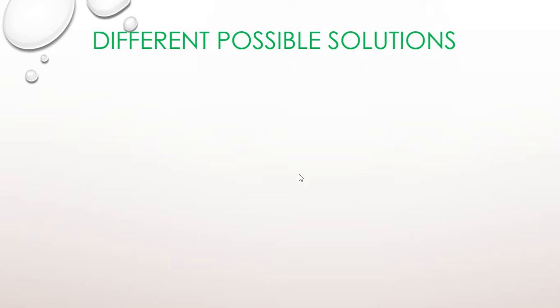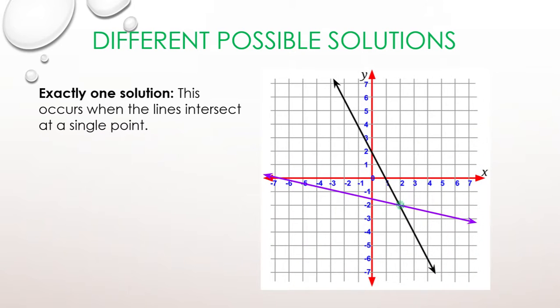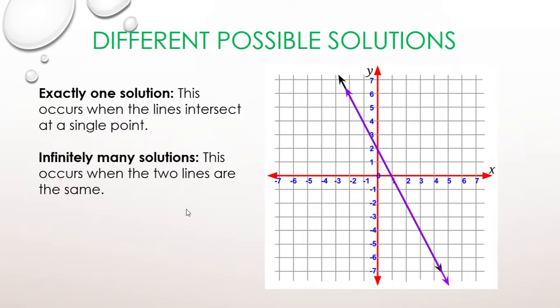Different possible solutions. Exactly one solution, which we mentioned earlier, is when they only intersect at one point. For example, in this graph right here, it intersects at (2, -2). Second one is called infinitely many solutions. They're coinciding lines. This occurs when the lines are the same.